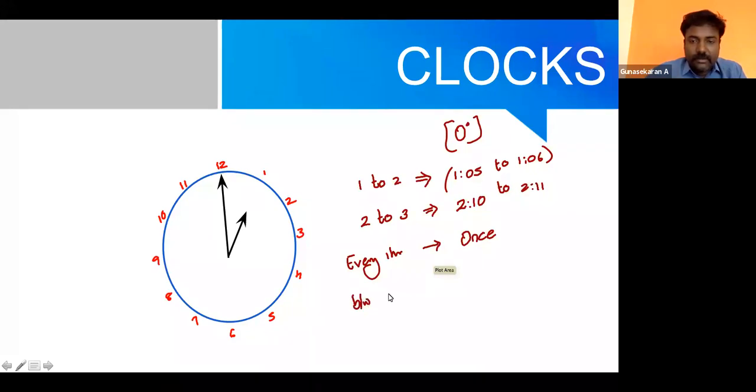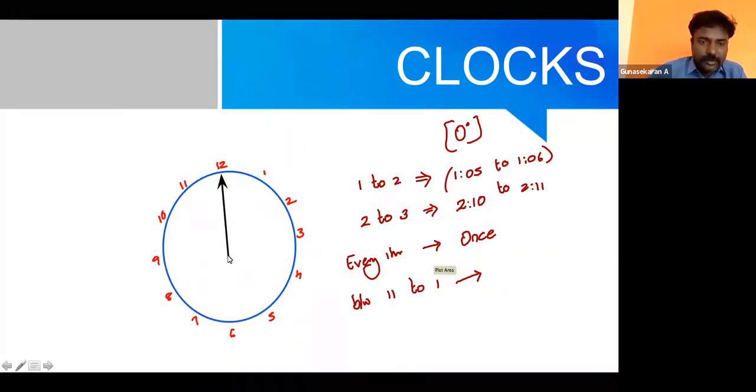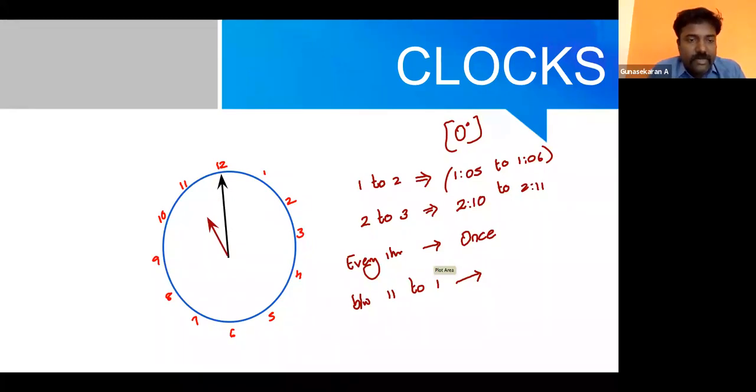Now, between 11 to 1, 2 hours. Between 11 o'clock to 1 o'clock. Time is now 11. Start doing the rotation. When does the overlapping happen between 11 to 1?